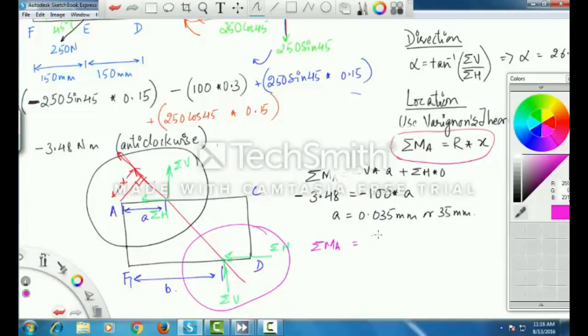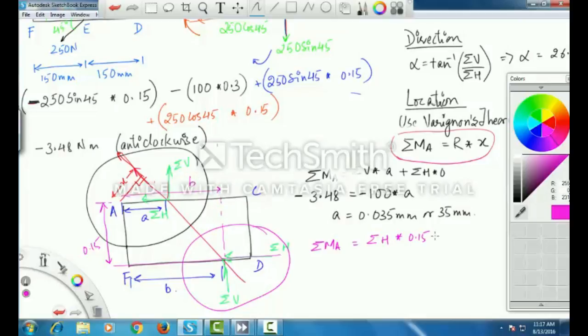Now consider this one. Sigma MA is equal to sigma H multiplied by the perpendicular distance, which is 0.15, and V is like this.